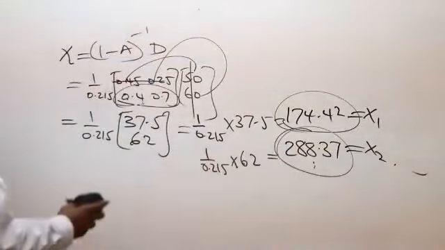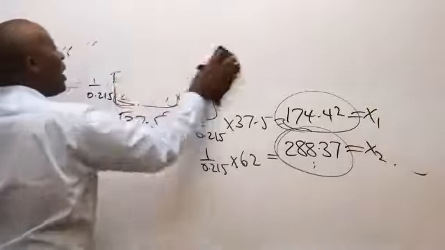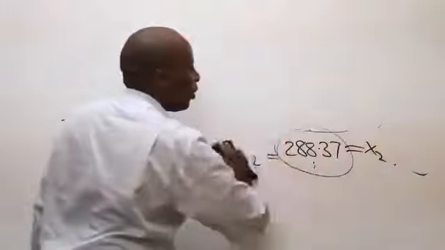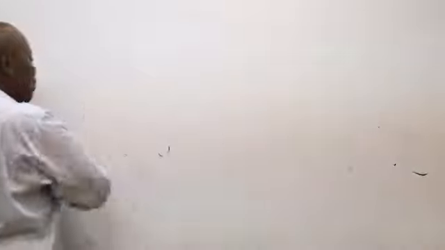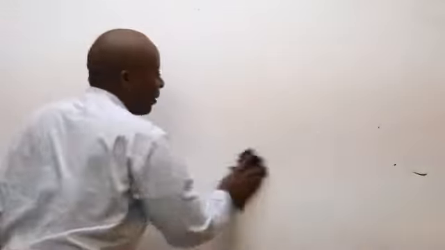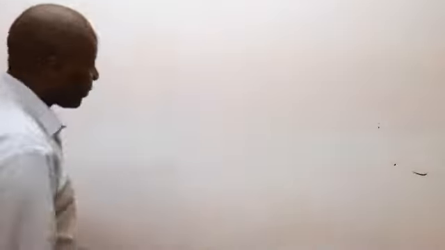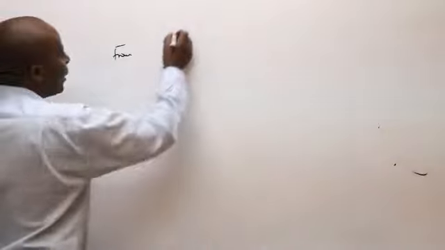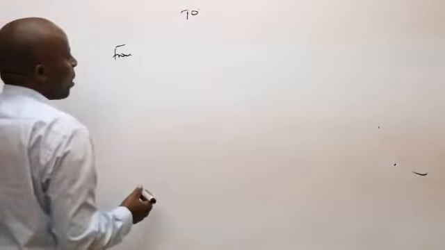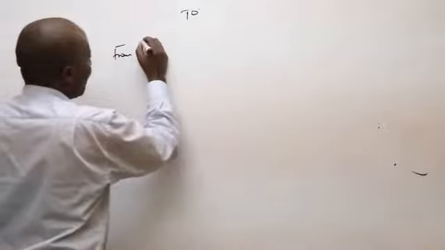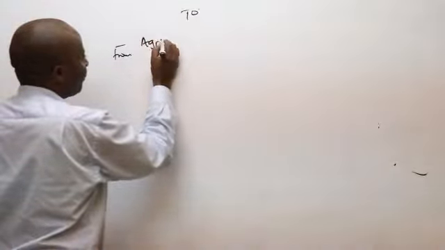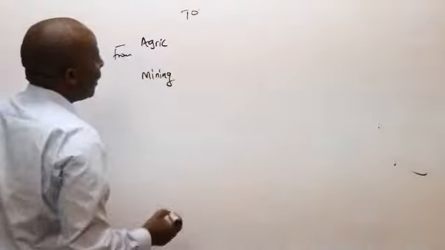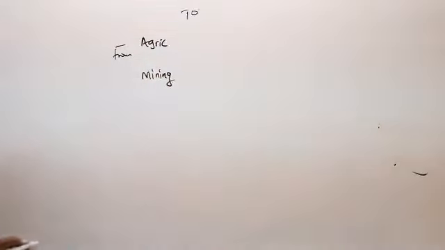Now, ladies and gentlemen, listen. Your examiner will never give you it directly like that. What your examiner will do is come and give you this kind of a question. We have two sectors: agriculture and mining.